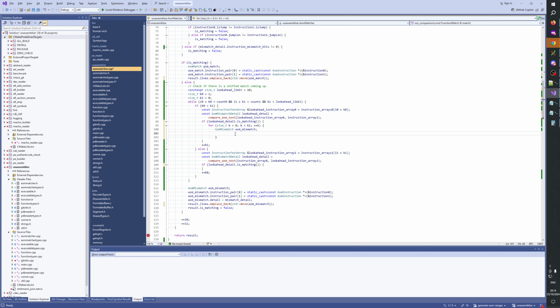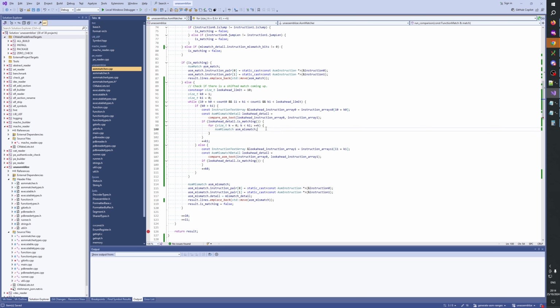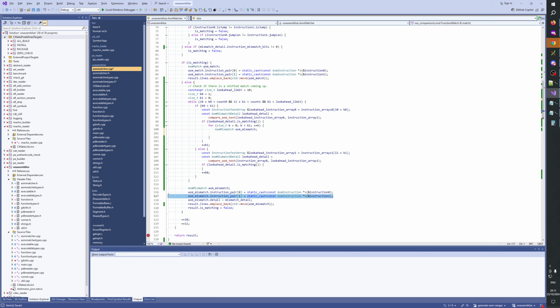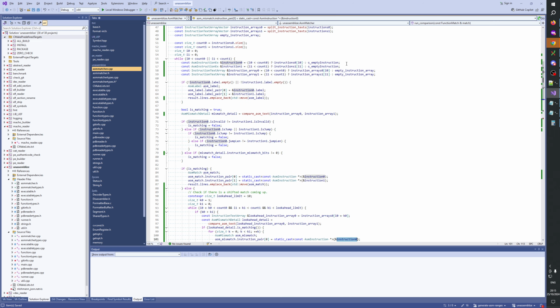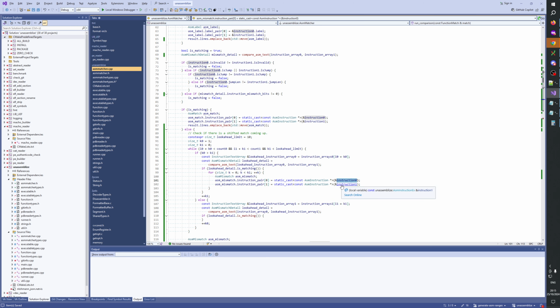Okay, so here we say ASM mismatch, and we put instruction pair, so we put it on the empty instruction, 0 on empty instruction.